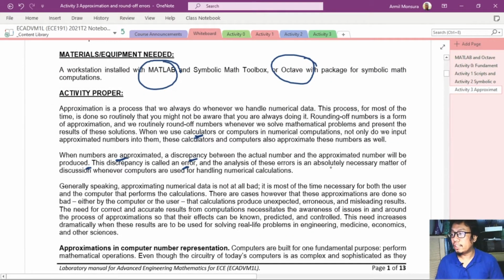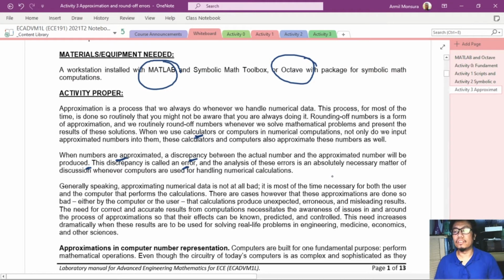And the analysis of these errors is an absolutely necessary matter of discussion whenever computers are used for handling numerical calculations. The motivation by which we study errors in numerical calculations will be made clearer later on, especially when we talk about how errors can be used as a criteria in order to express how confident we are with the answer.